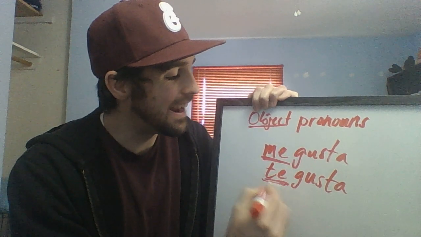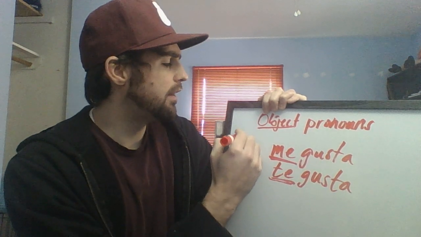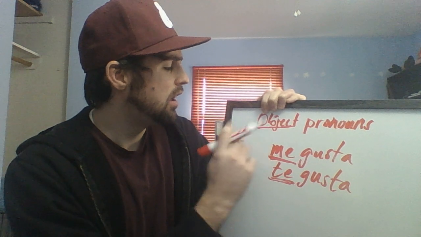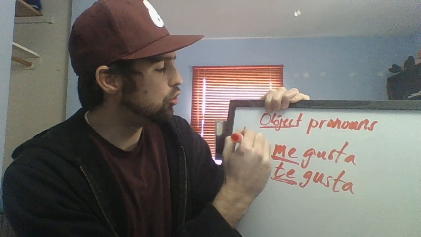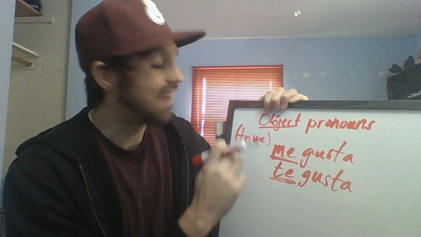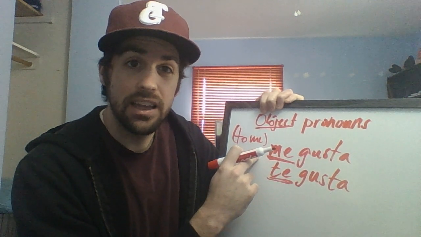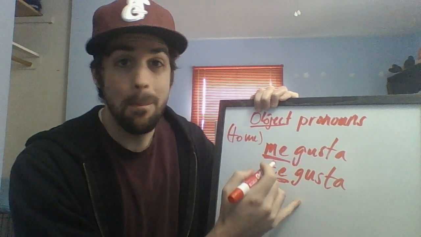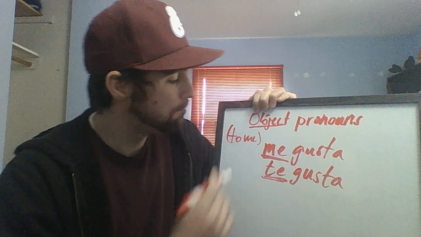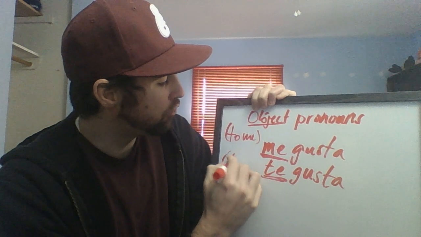We saw te gusta. What this means is not I, right? What it means is to me, because I am the one receiving the action. So if you gave me a candy, we would use me, me. Okay, and then to you.